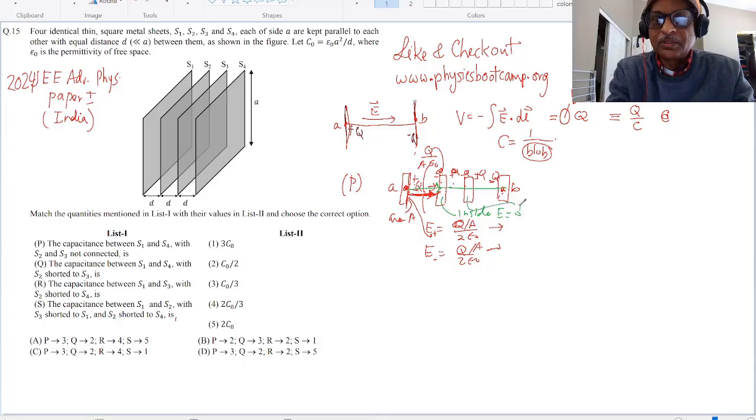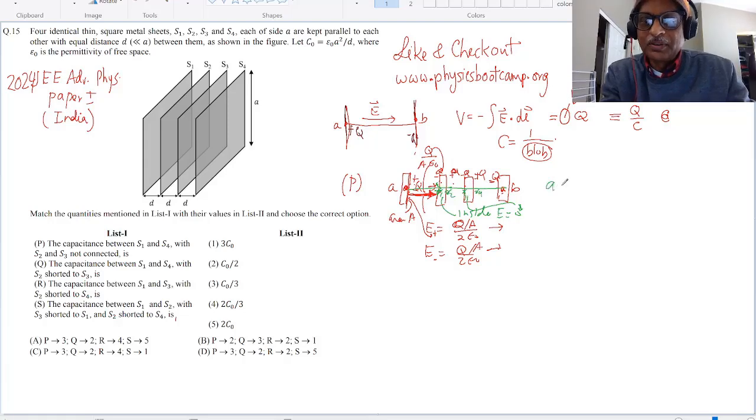So when you integrate from A to B, you can say R1, R2, R3, R4, so you'll have A to R1 to R2 to R3 to R4 to B.